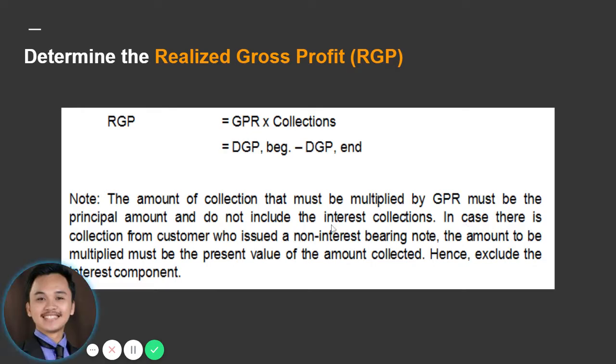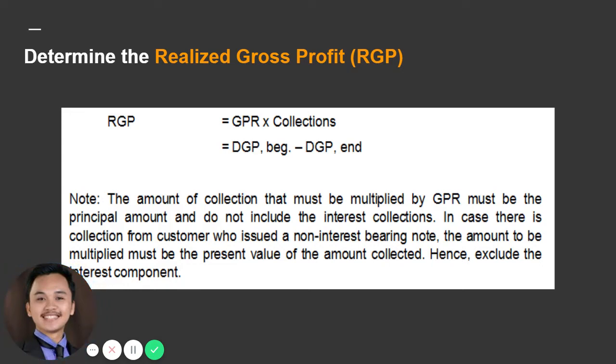In case there is collection from a customer who used a non-interest bearing note, the amount to be multiplied must be the present value of the amount collected. Hence, exclude the interest component. As we all know, a non-interest bearing note already includes the interest.